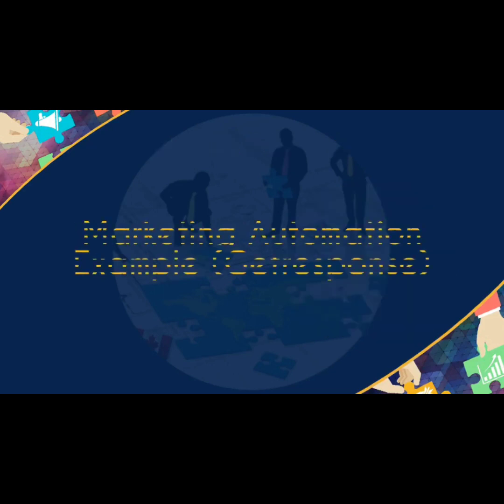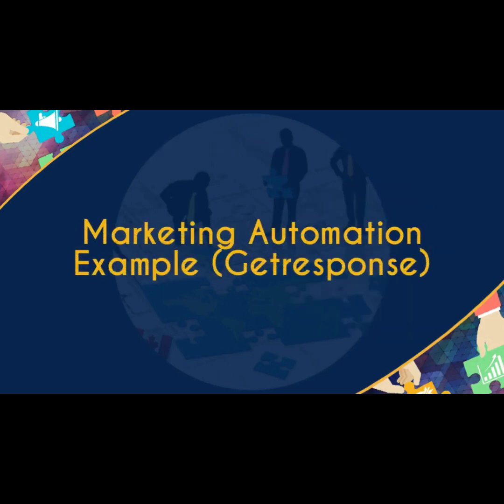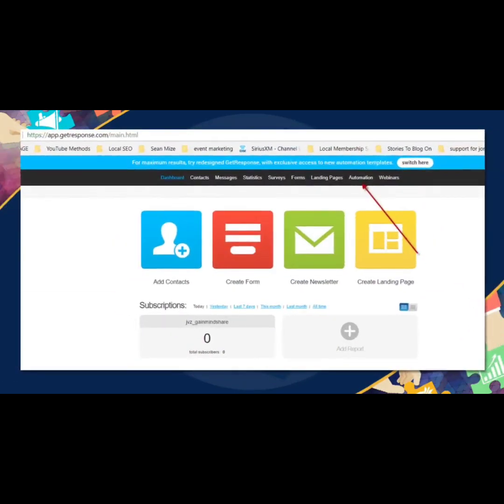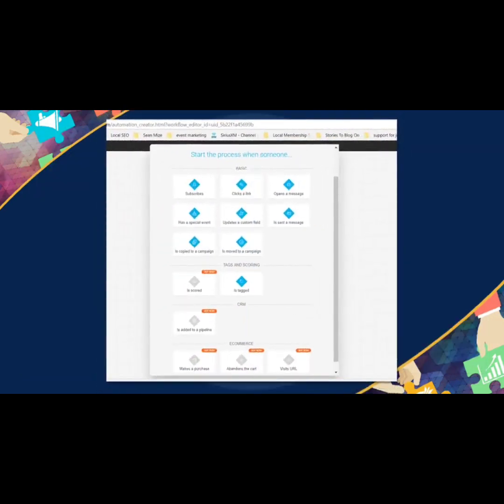Now, I want to show you an example of marketing automation inside of GetResponse. And so you'll see there at the top that there is automation, right? So if you went inside of GetResponse, you could go to the automation tab. And basically what you're going to see is that the automation starts.